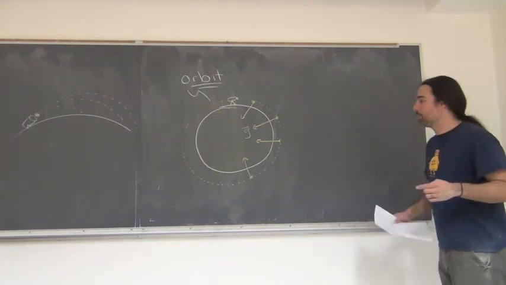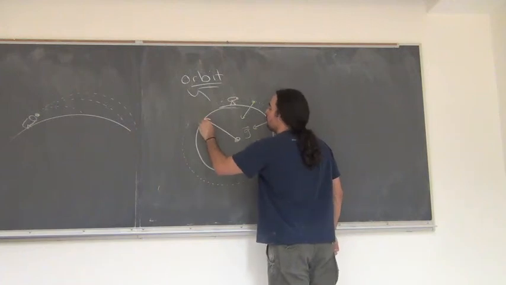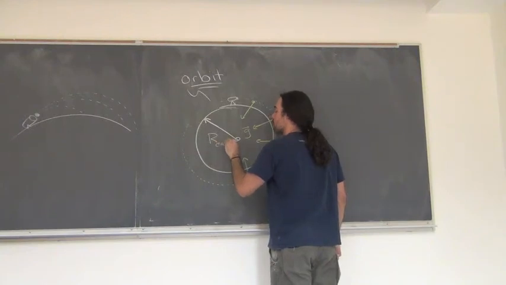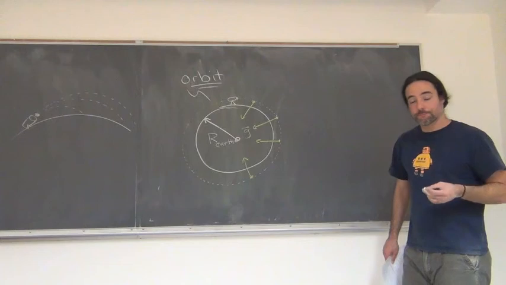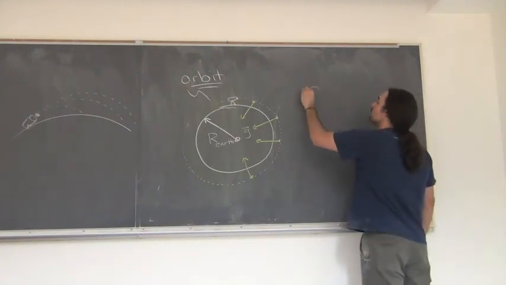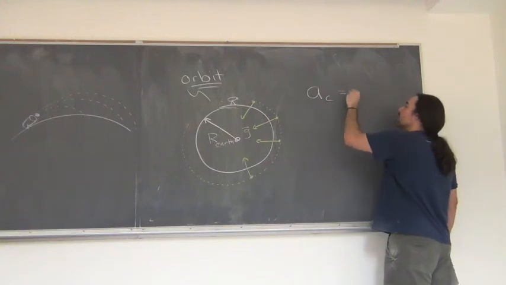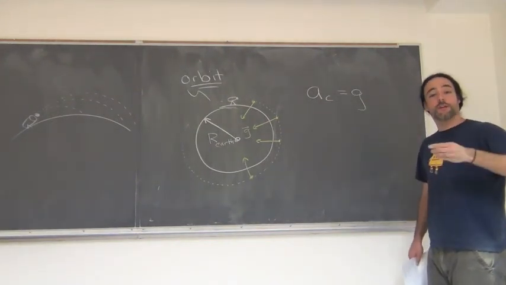How fast is that? Well, to figure that out, this is just kind of a fun problem that I like. We need to know the radius of the Earth, which I'll call R_Earth, and we need to know the acceleration of gravity. Because we know that in this case, the acceleration of gravity is a form of centripetal acceleration, because it's moving in a circle.